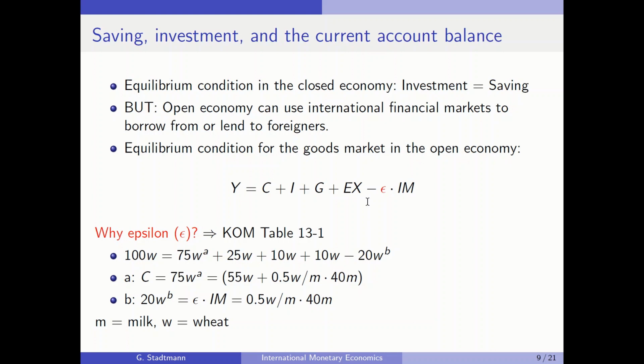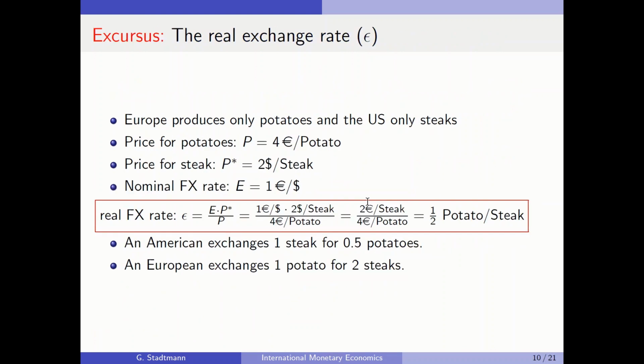Let's directly start here a little excursus with respect to the real exchange rate. How do we get to the value of the real exchange rate? In the next example, we assume that Europe produces only potatoes and the US produces only steaks. So the price for the domestic good potato is equal to 4 euros per potato.